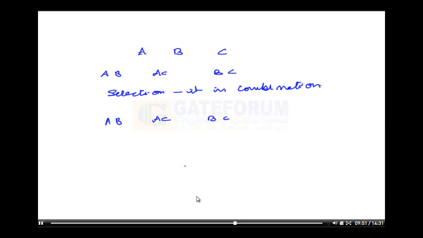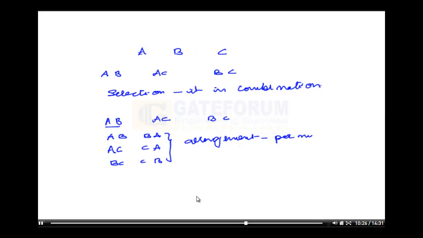The group AB can be arranged as AB or BA. 2 arrangements are possible. Similarly, AC, CA, BC, CB. Whenever I consider arrangement, whenever order is given importance, it is nothing but permutation.